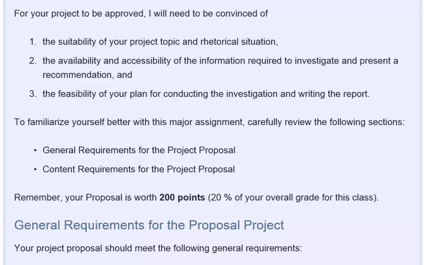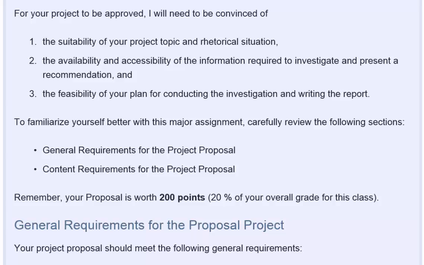Your instructor will be reviewing your proposals and approving them based on the suitability of your project and the scope in terms of the rhetorical situation and the assignment requirements. By the time you submit your proposal, however, it will be too late for you to completely start over on your recommendation report project. You should begin working on the recommendation report right now as you begin planning the project for the proposal.